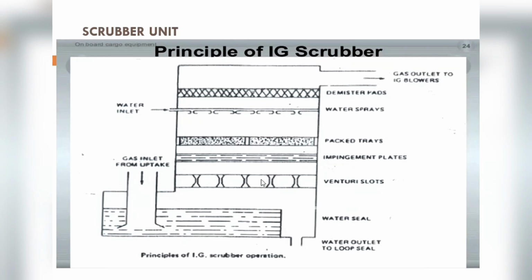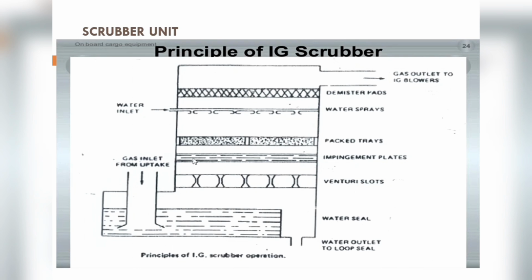After the first stage, in the second stage the gases pass through the impingement plate, the baffle plates. As you can see in the diagram, the gases are passing through a zigzag path and coming out. The water from the top is also passing through the same holes and coming down.